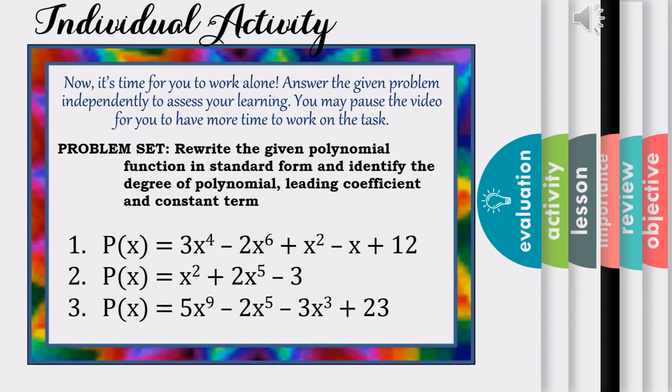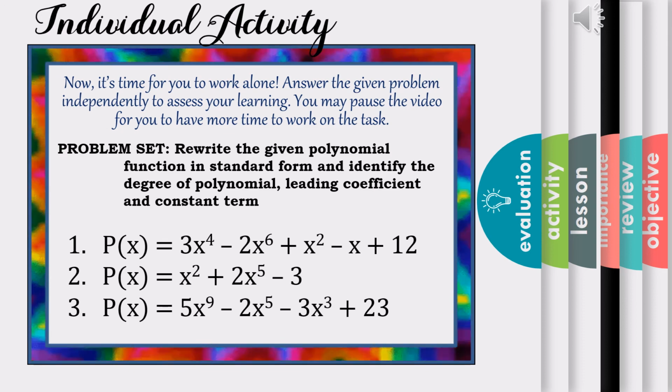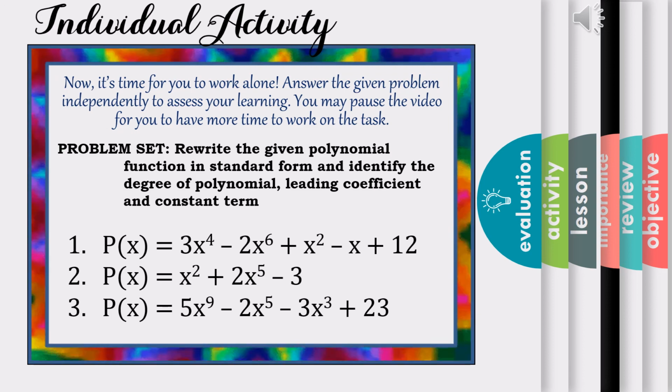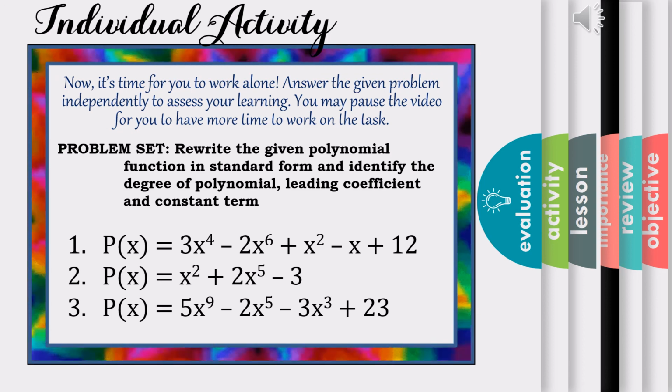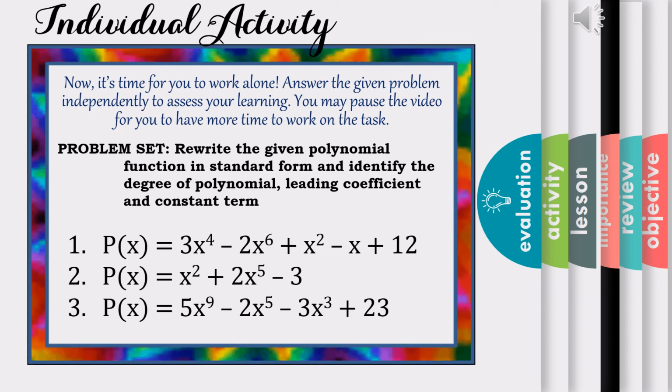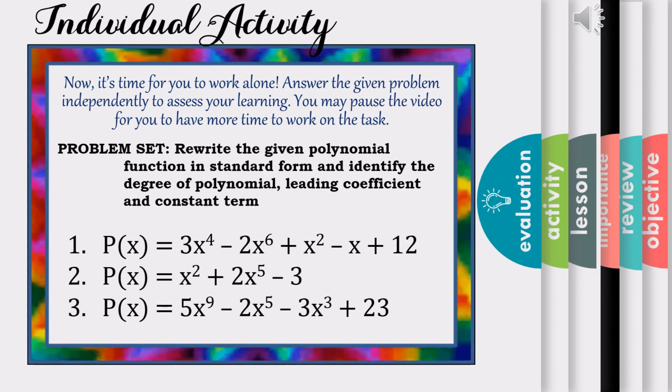Number 3. P of x equals 5 times x raised to 9 minus 2 times x raised to 5 minus 3x cubed plus 23.